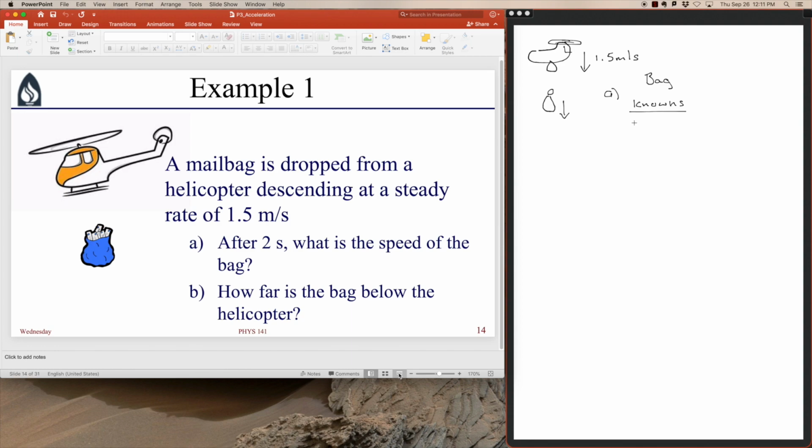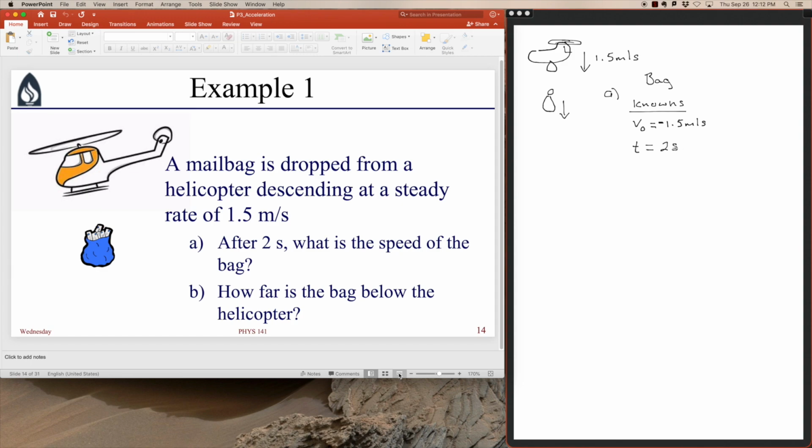So initially, the velocity of the bag is 1.5 meters per second. And since the bag is moving downwards, that's a negative velocity. So it's a velocity of 1.5 meters per second, but it's in the downward, or the negative y direction. I know also that the bag falls for 2 seconds, and I'm interested in the motion at the end of those 2 seconds.